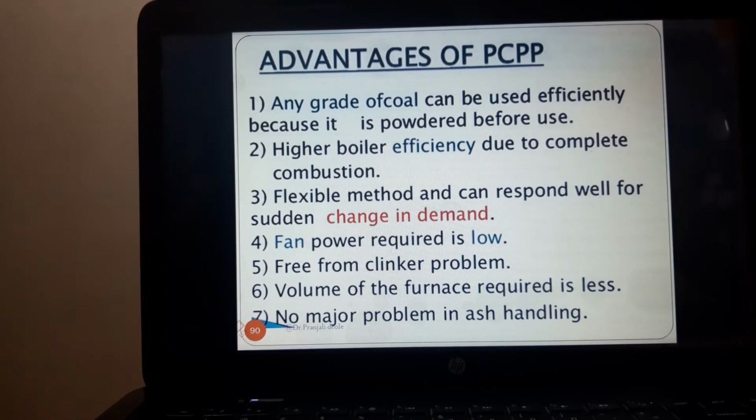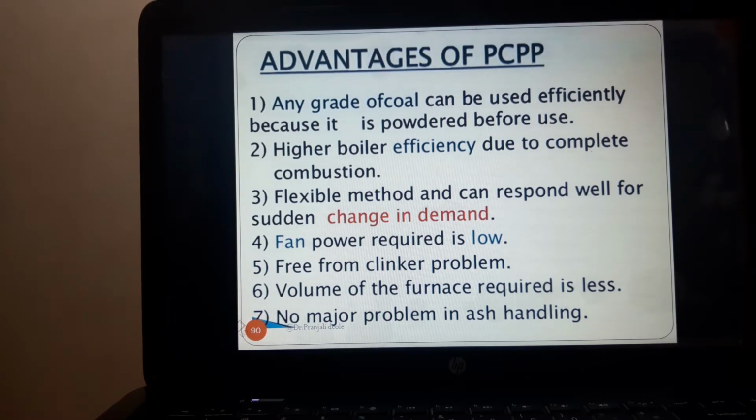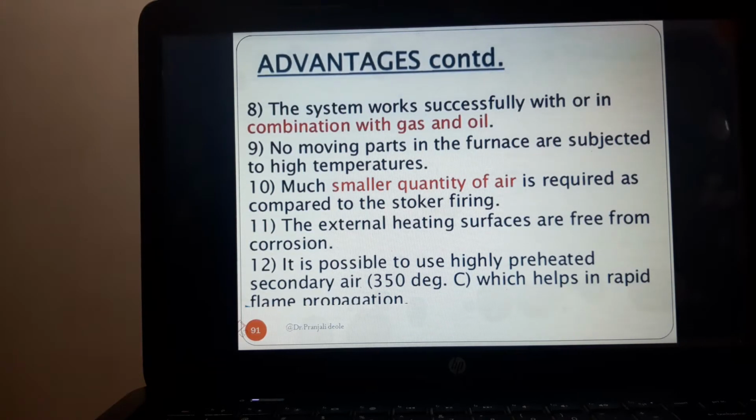Fan power required is low, and it is free from clinker problems. The volume of the furnace required is less. There is no major problem in ash handling in the case of PCPP. The system works successfully alone or in combination with gas and oil also.